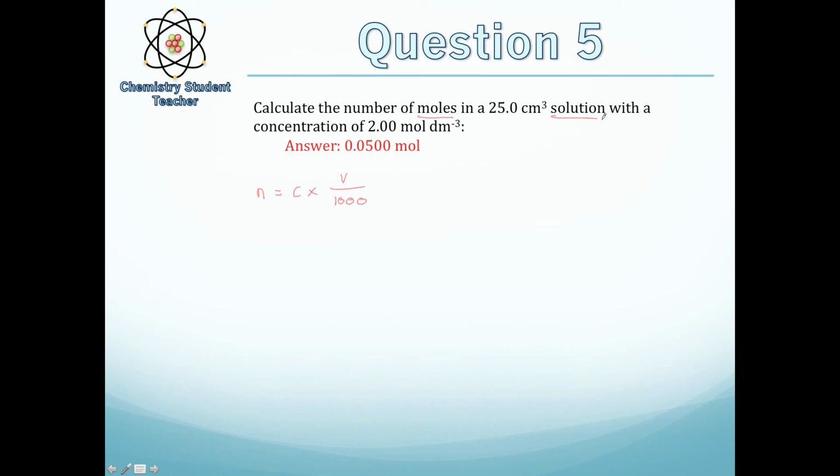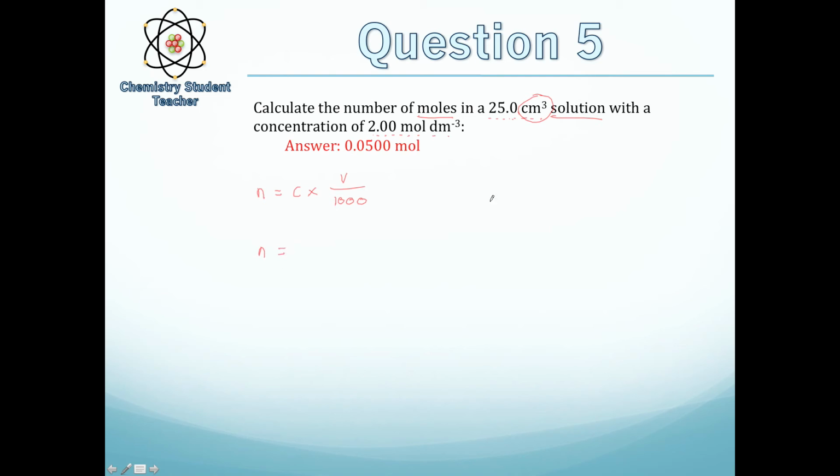We know we have a solution, so that gives this equation, if you remember that, but if not, 25 centimetres cubed shows a volume, so we know we're going to have a volume involved. And we've been given a concentration, so we're going to have a concentration involved. Because it's centimetres cubed, we're going to have it as over 1,000. So number of moles equals concentration times volume over 1,000.